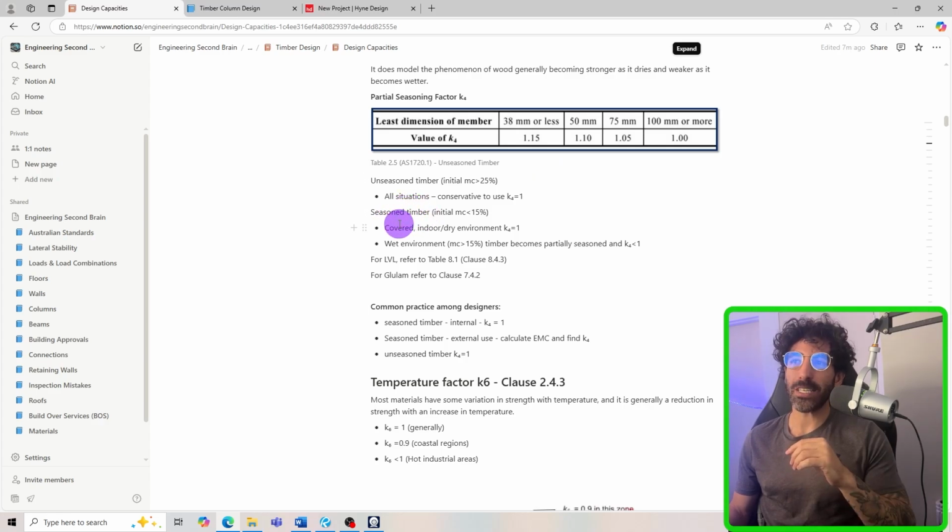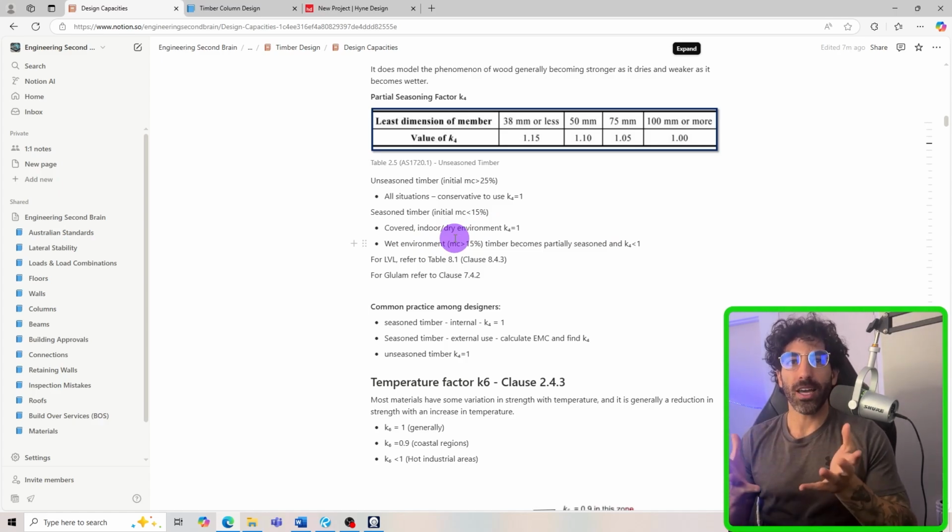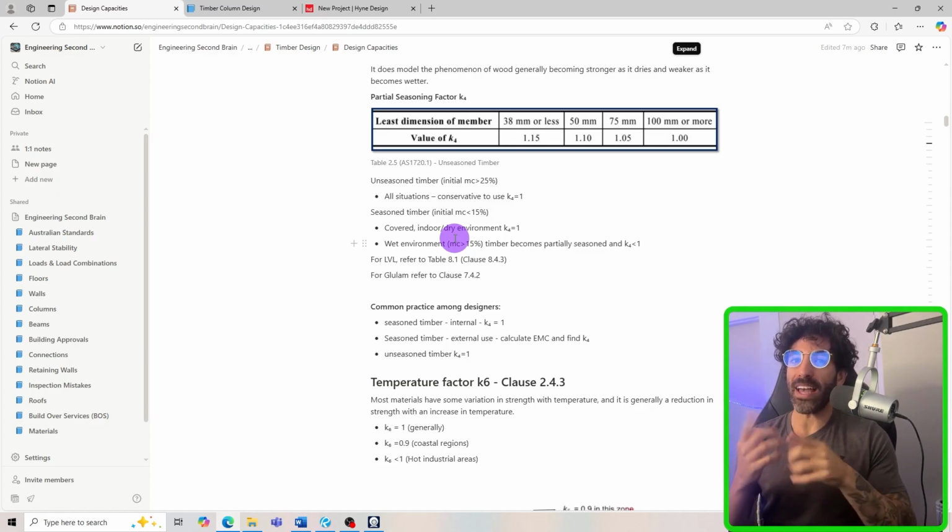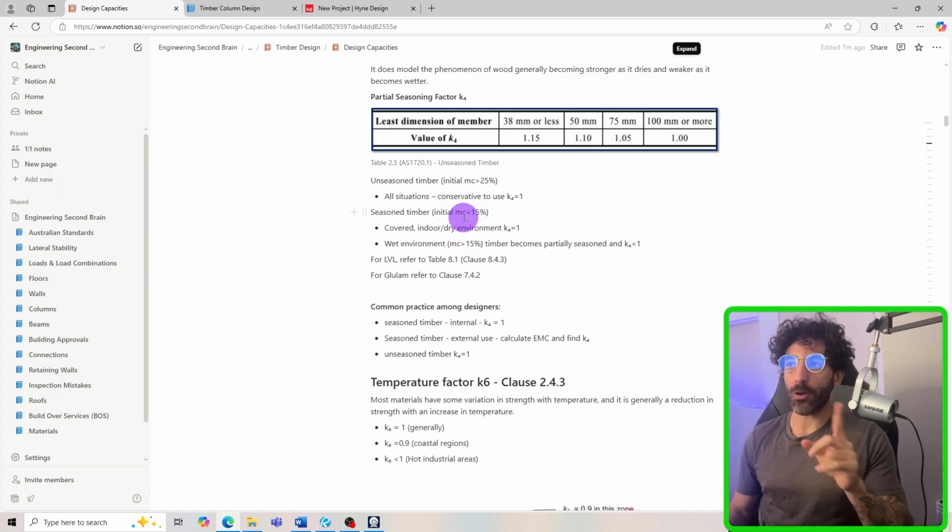For seasoned timber indoor in a dry environment, K4 equals 1 as well, because seasoned timber is already pretty dry. So if you keep it in an indoor dry environment, you don't have to modify the strength of that timber with any factor. So we just use K4 equals 1. However, if you put that timber in a wet environment, like outdoor, you will have to calculate the K4 factor.